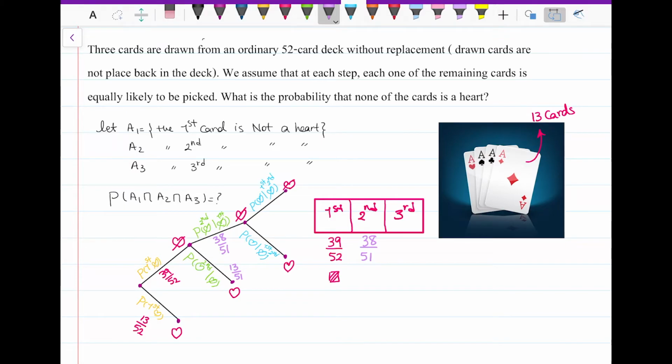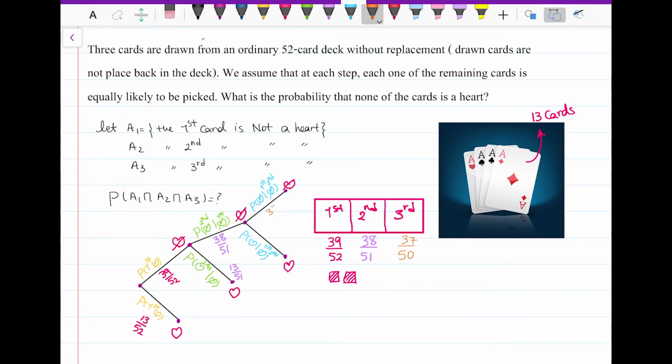Okay. Now, how about the third one? So let me graph the second card also in here. I pick 2 cards. I am left with 50 cards now. And the third one, also, I don't want this to be a heart, which means that it should be from the other 3 categories. Originally, they had 39 cards in them, but I picked 2 of them, so I am left with 37.